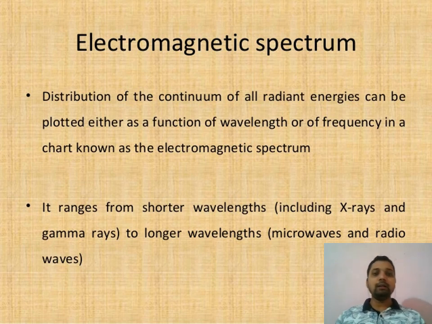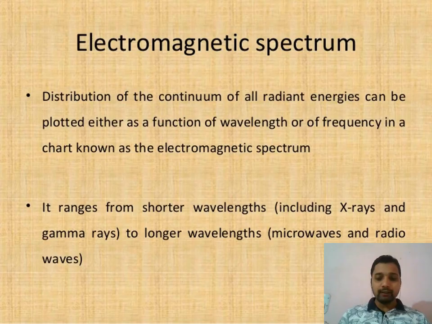So it is an orderly distribution of all the electromagnetic waves depending upon wavelength and frequency, and all have different properties, different detection, different uses. Start from cosmic rays, which have very low wavelength, and end with the radio waves, which have extremely high wavelength. So welcome to the electromagnetic spectrum.